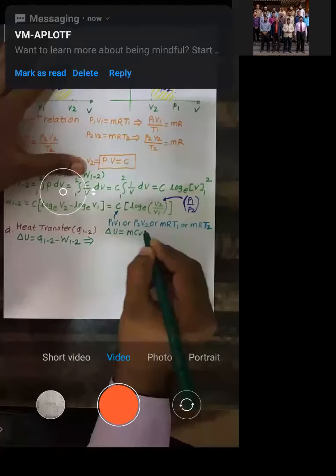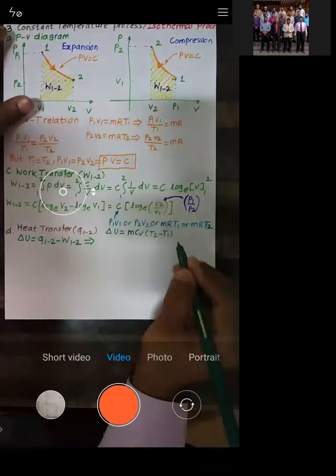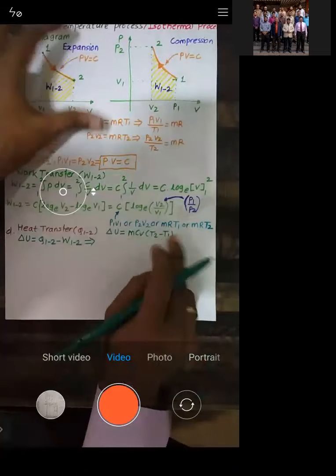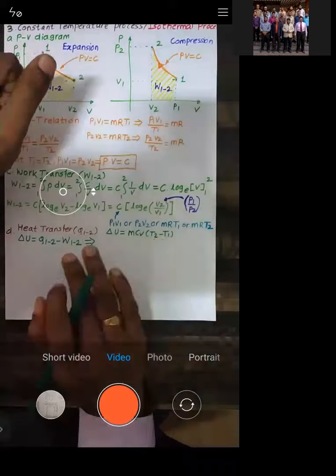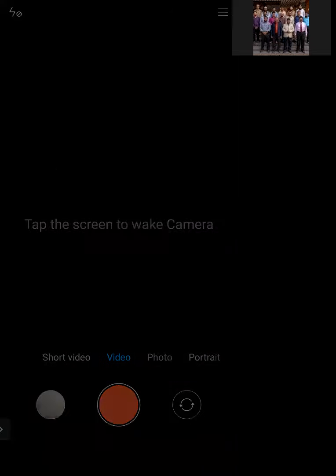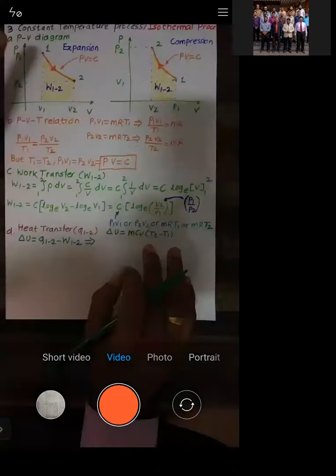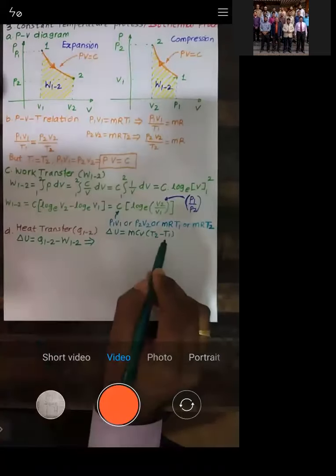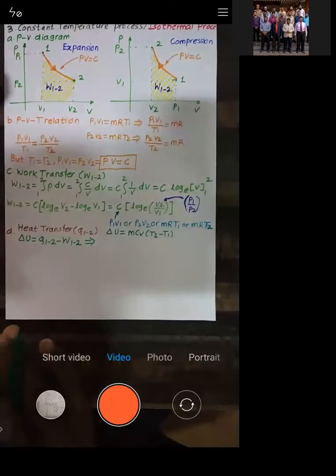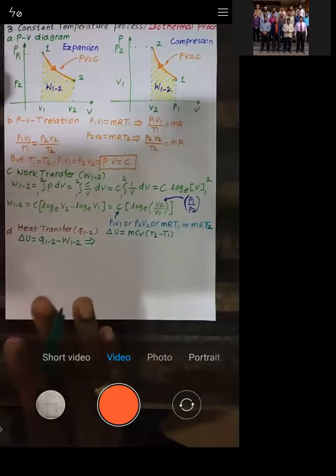Try to understand. This is the formula for change in internal energy. It will not depend upon process. The formula is the same because it is derived based on the basic equation. It will not vary based on the method.